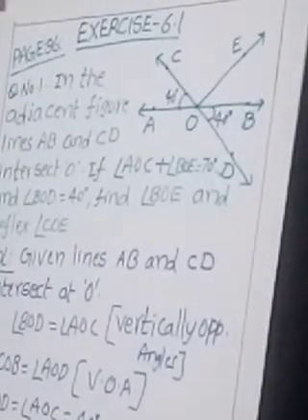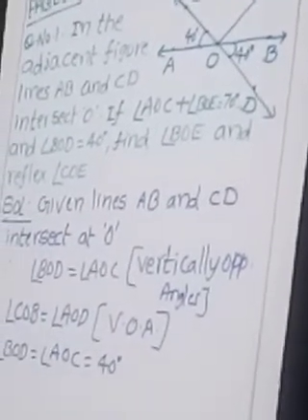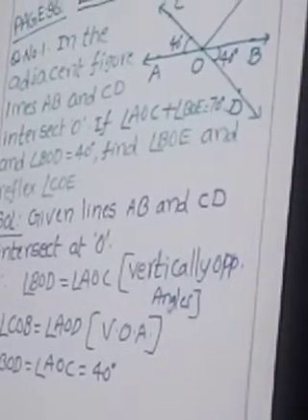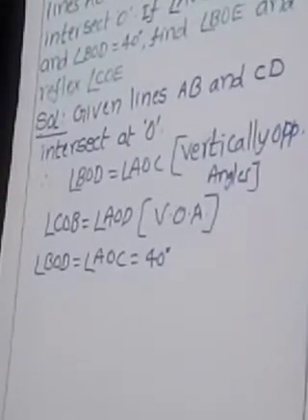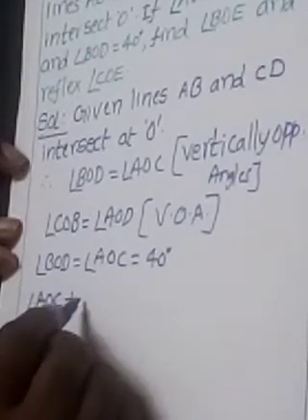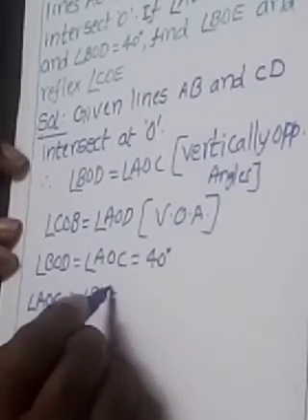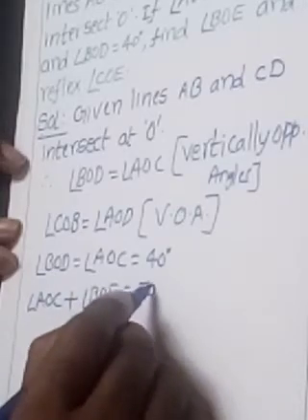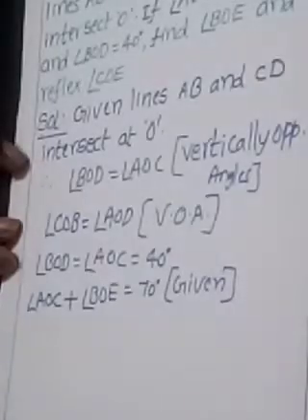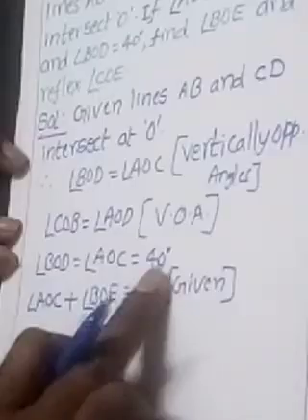Right. Now come to the question. Angle AOC plus angle BOE is equal to 70 degrees. It is given. But we have already found angle AOC is equal to 40 degrees.